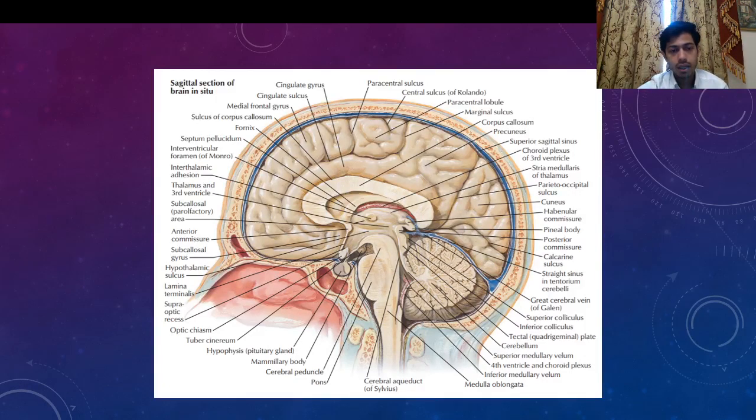So this is the overview of the sulci and the gyri. We could go into each separate gyrus, but I think it would be a time-consuming task right now, and we're a bit pressed for time with what we have to cover. But my tips for learning gyri are breaking it down lobe by lobe.